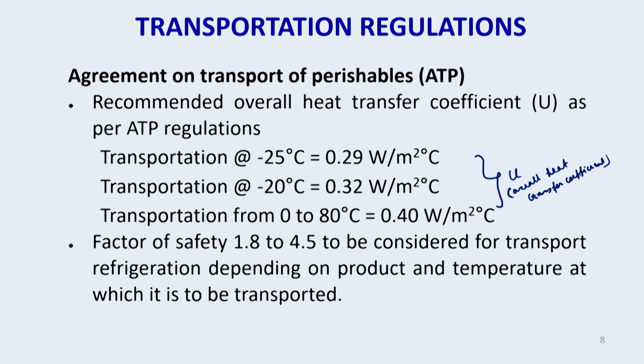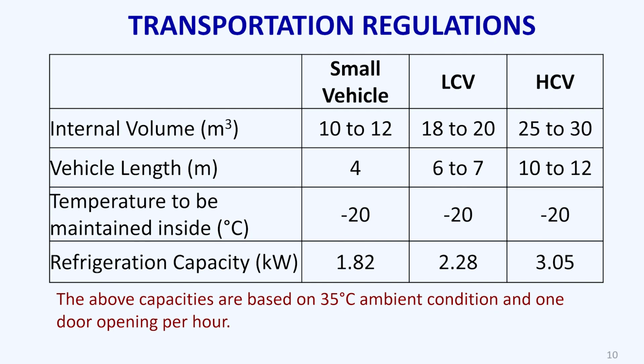Then transportation from 0 to 80, that is 0.4. A factor of safety of 1.8 to 4.5 is to be considered for transport refrigeration, depending on the product and the temperature at which it is stored and transported. So these are the transportation regulations as per this ATP.